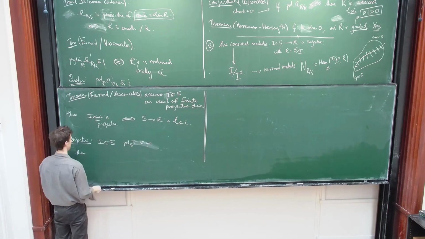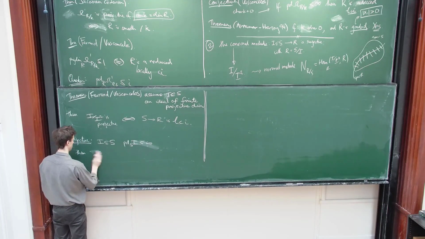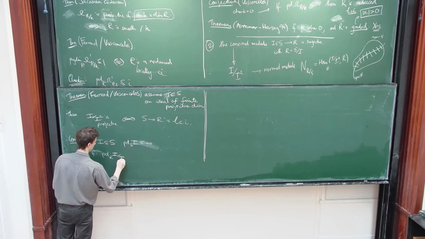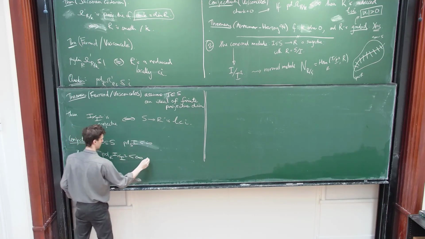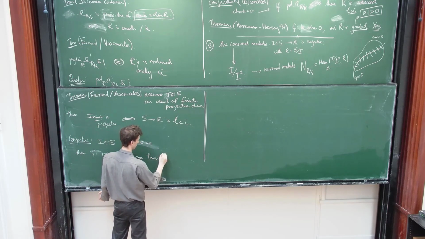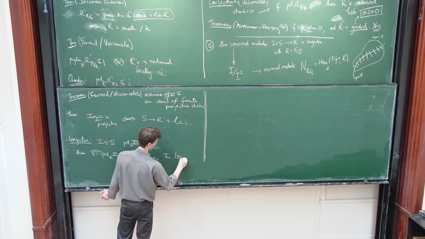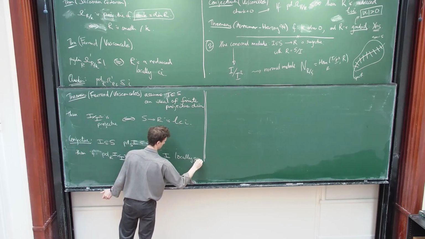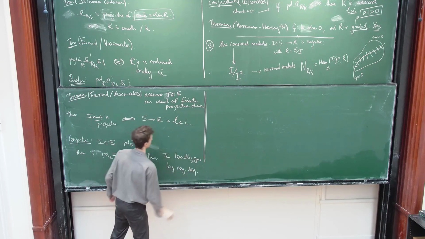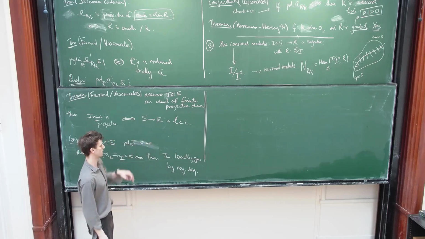Then if the projective dimension of the conormal module is finite, then I is generated by a regular sequence. So same as this, the map from S to R is locally complete intersection.